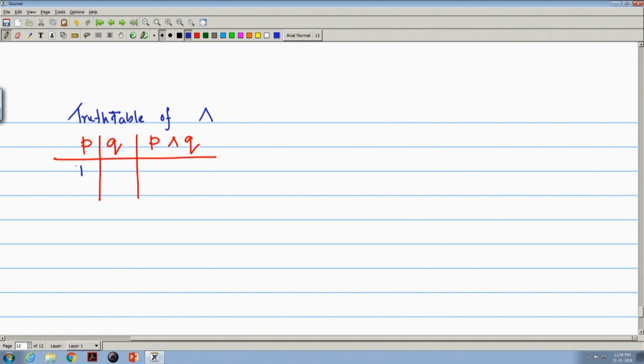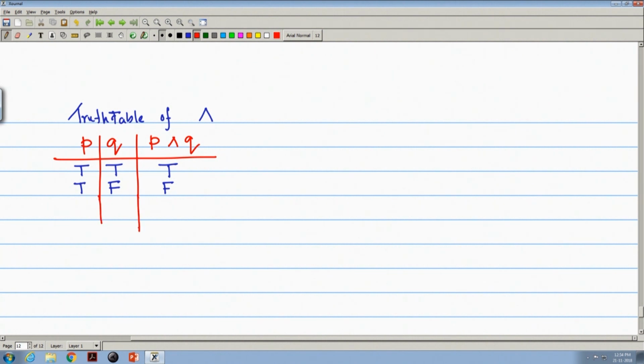Both can be true, then P and Q is true, because it is AND. If it is true and false, since it is the conjunction of P and Q, it is false.